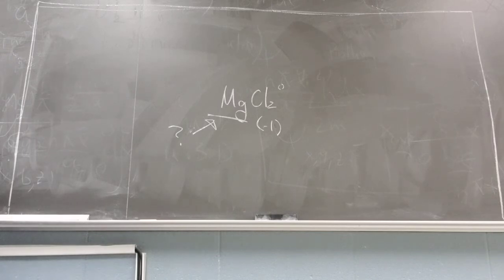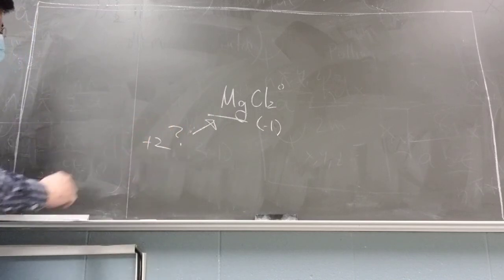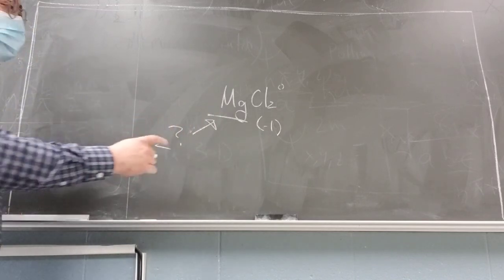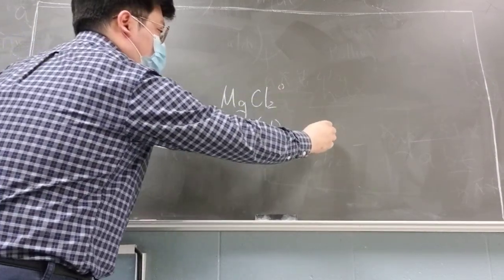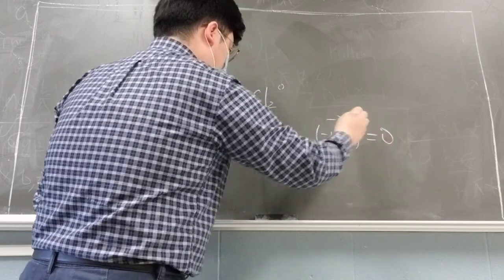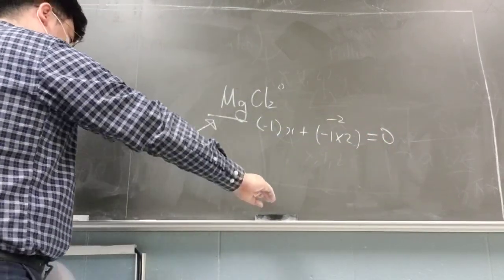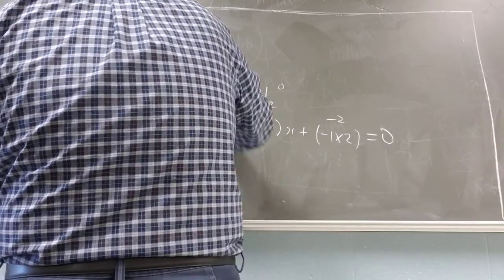So it's quite simple, right? The number here would be positive, perfect. Because the chlorine has -1, but there are 2, and the sum has to be 0. So -2 plus x equals 0, so x has to be 2. Perfect.